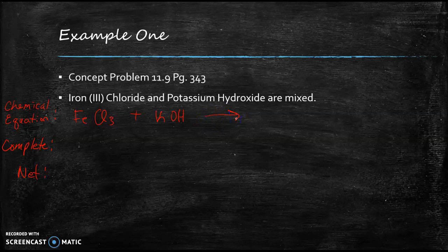Looking at our solubility rules, iron 3 chloride is going to be aqueous or soluble, and potassium hydroxide is also going to be soluble. Because we know this is a double replacement reaction, we're going to bond iron with hydroxide, which is OH and not HO.